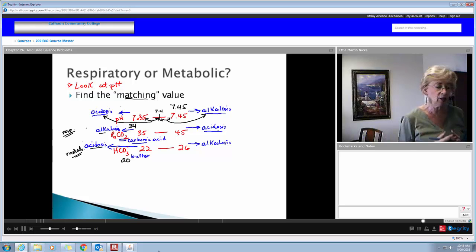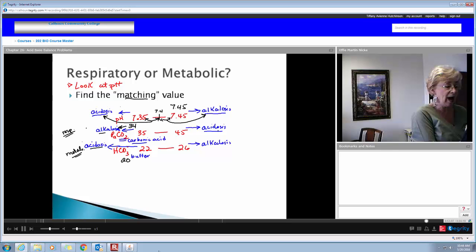So what I do is I teach you to split the pH down the middle when the other two are out of range, and you match the pH on the side that is closest to. Then you look at the other values for the match. So the respiratory function had a PaCO2 of 34, which is illustrating alkalosis, right?